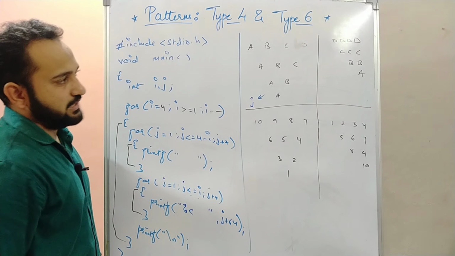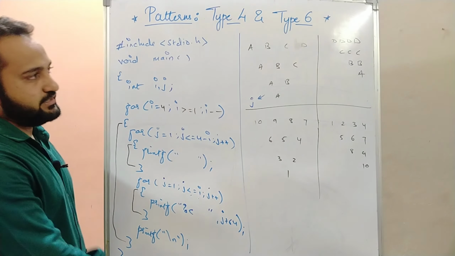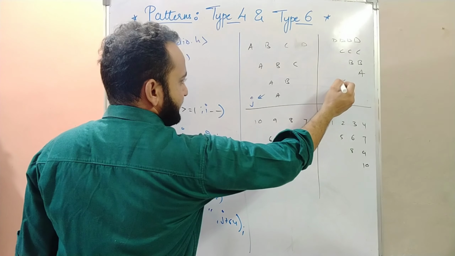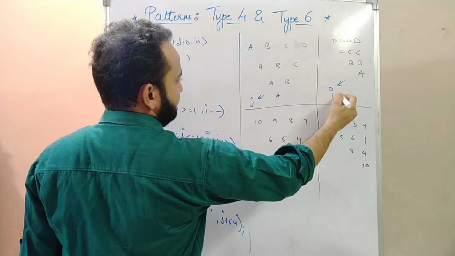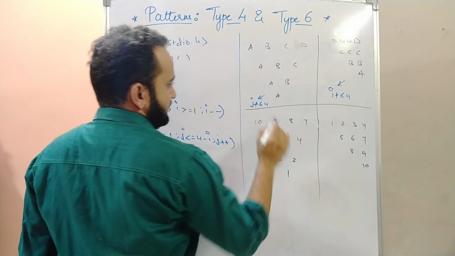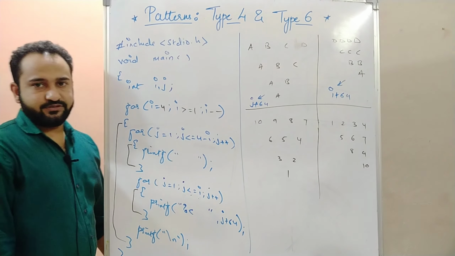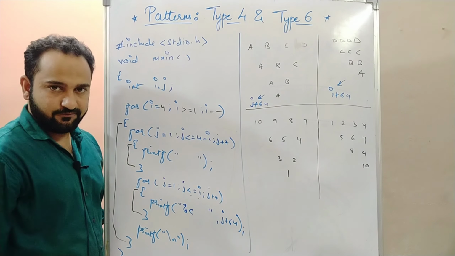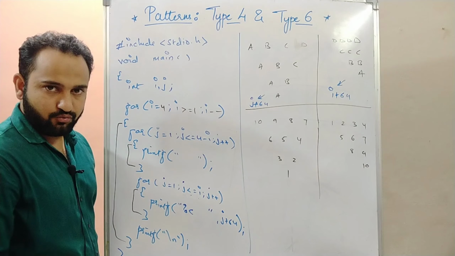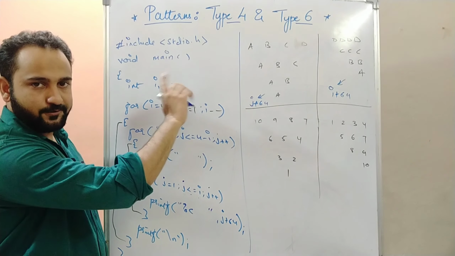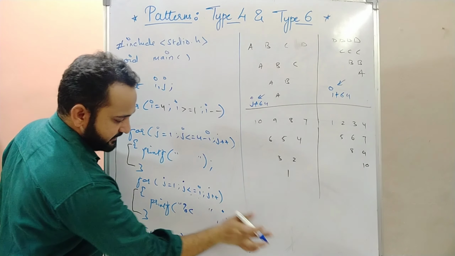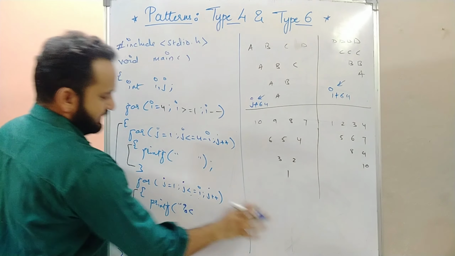Now move to the second one. Here it's DDDD, CCC, BB, A. The value of i you have to print. Again it's an alphabet, so you need to go with i plus 64 here. Just like the first pattern you had j plus 64, there will be i plus 64. And will we leave any space there? No, because we don't have that pyramid. It's type 4, so there won't be any space here, and the code will be again the same.